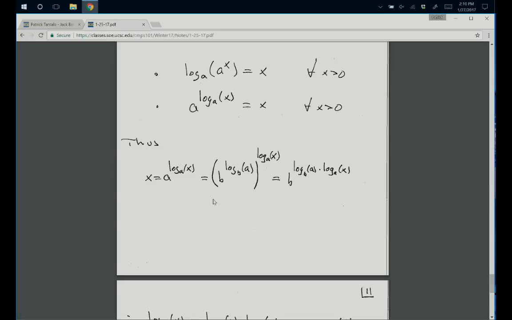Okay, so mathematical induction seeks to prove propositions of the following form.